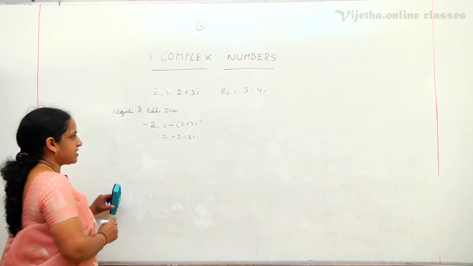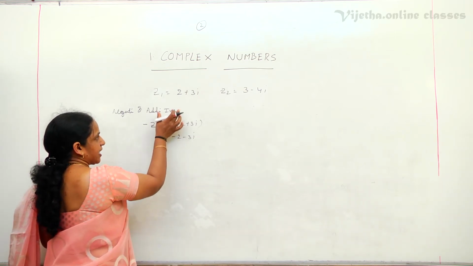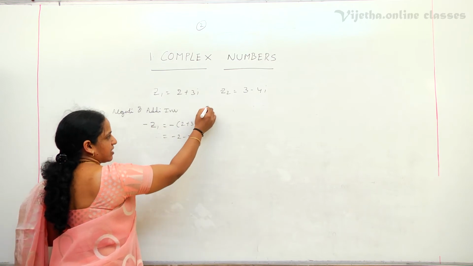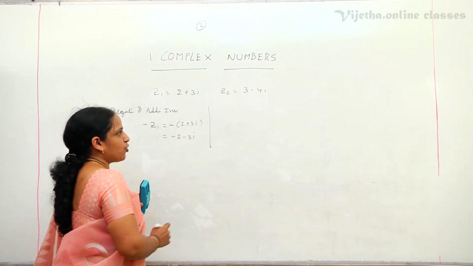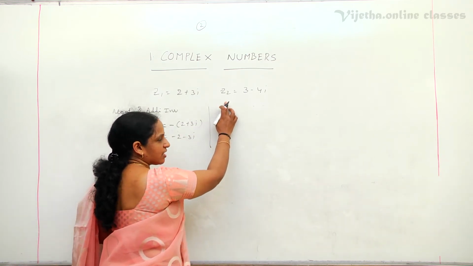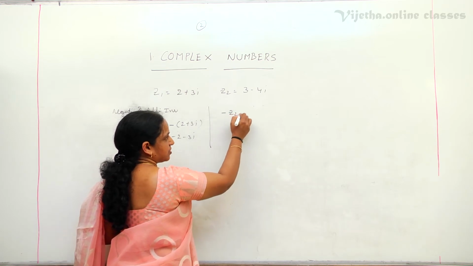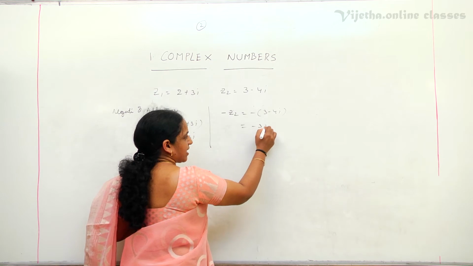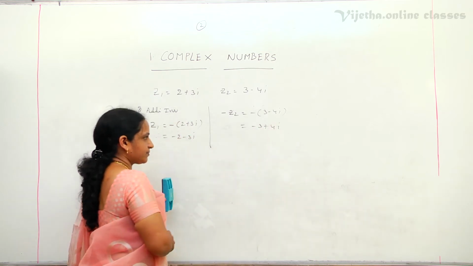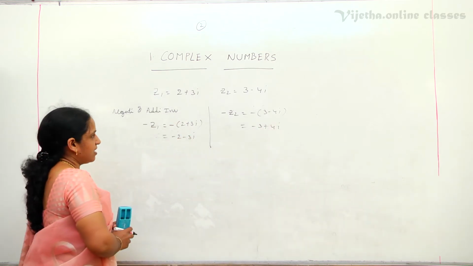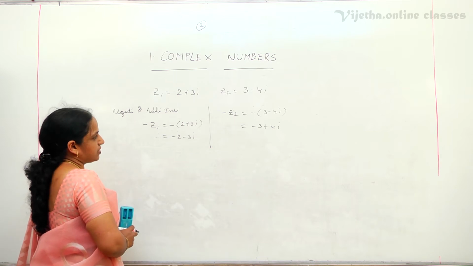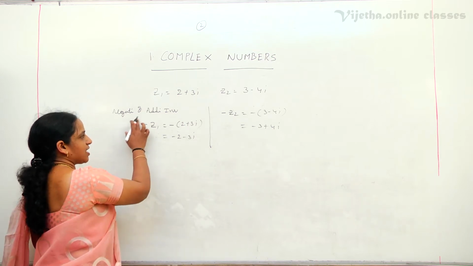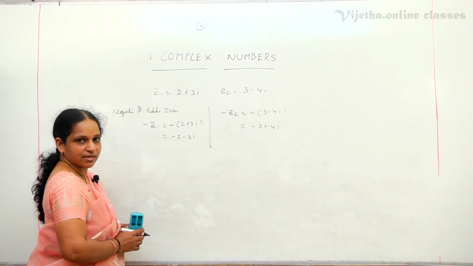This is the additive inverse or negative of Z1. Similarly, the negative of Z2 or additive inverse of Z2 is minus Z2, so minus of 3 minus 4i, so minus 3 plus 4i. These are the definitions for negative or additive inverse of the complex number.